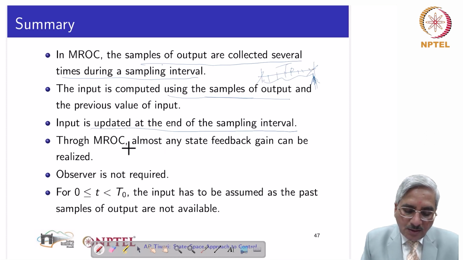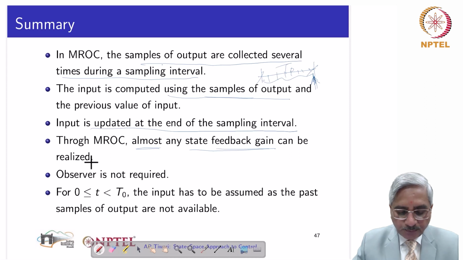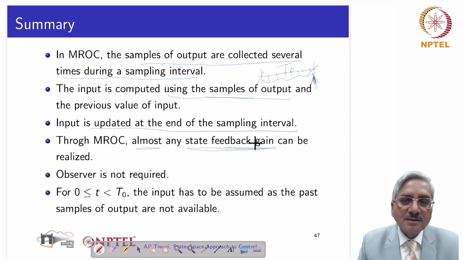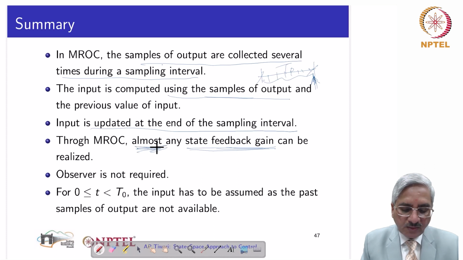Now, almost any state feedback gain can be realized, because we saw that sometimes for some state feedback gains, if M is not having stability, then we need to change F and we need to obtain M which will have stability. So most of the time the state feedback gain will be realized. However, sometimes it may happen that the state feedback gain may not get realized. That is why this almost.